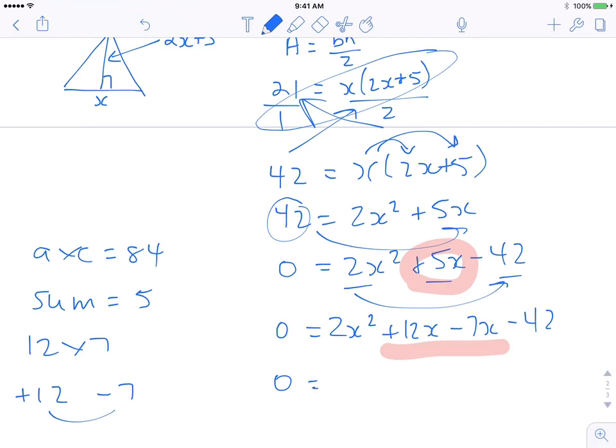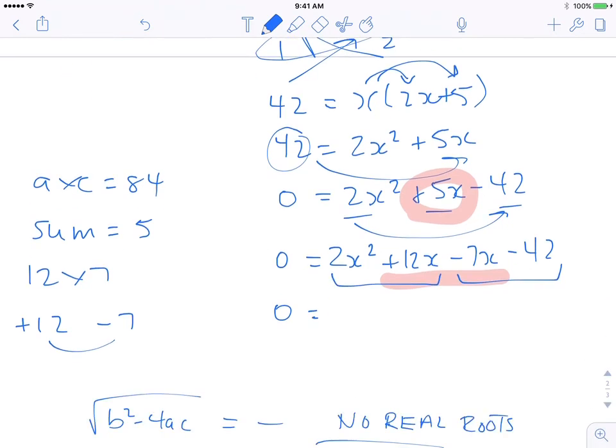Then we're going to GCF these two terms and GCF those two terms. And so I get 2x times x plus 6, minus 7 times x plus 6.